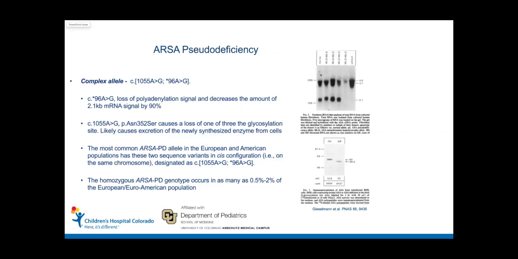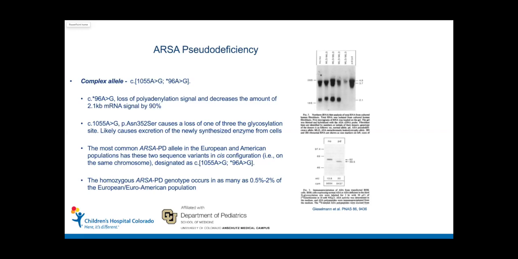I do want to talk a little bit about the mechanism. So this is the ARSA pseudodeficiency. It's one of the ones that's been best described. And I want to introduce this concept of a complex allele. One of the reasons that this allele has such low activity is it's actually got two different changes.